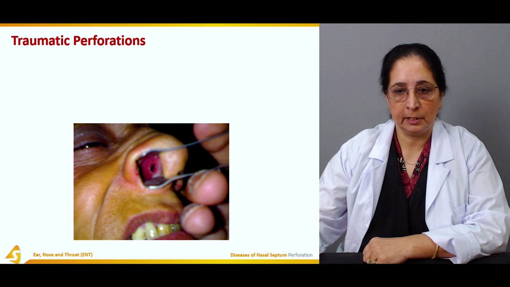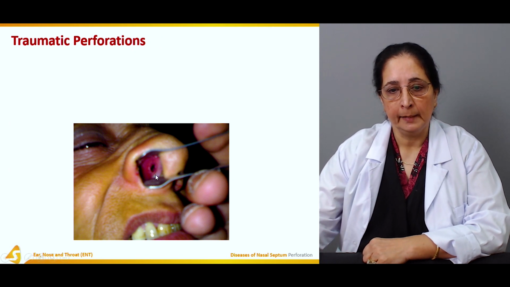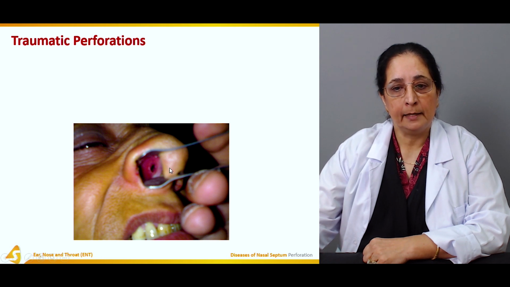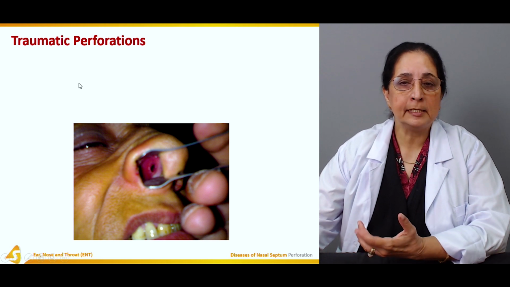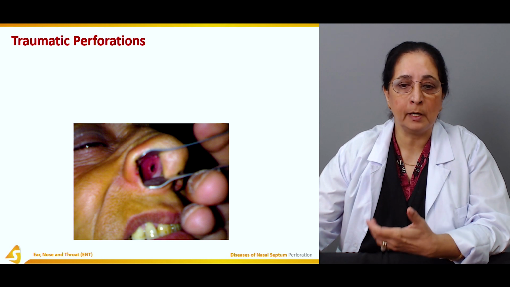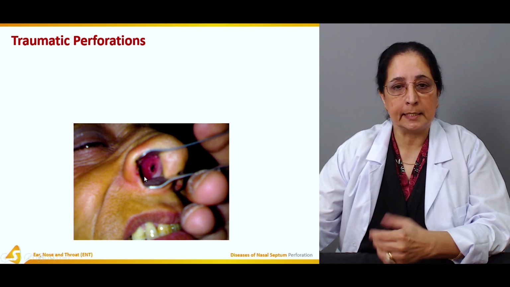Traumatic perforations. If you see in this diagram, this is the perforation in the nasal septum, and there is a hole in the nasal septum. Traumatic perforations occur as a result of trauma to the nasal septum.